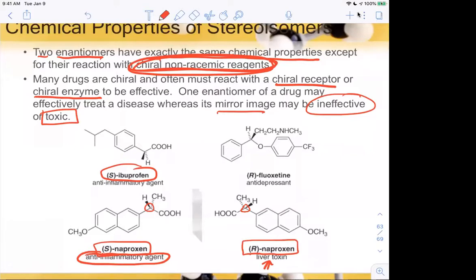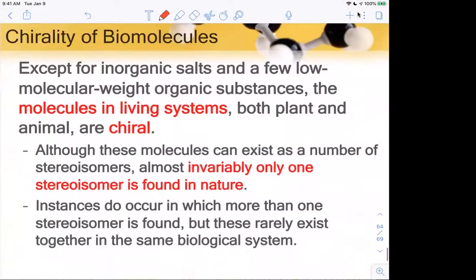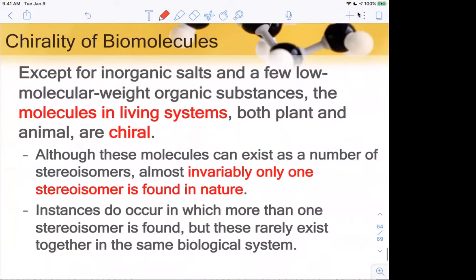So sometimes I have to separate isomers before I can market them as drugs, because otherwise I get bad results in terms of my biological properties. When we look at the chirality of biomolecules, most molecules in living systems are going to be chiral. This is true for both plants and animals.